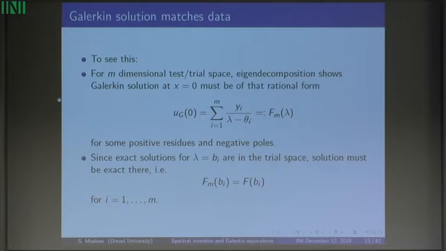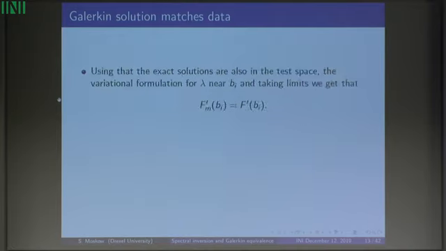Since the exact solutions are in the trial space, and the Galerkin method gives you the nearest point, it has to be exact. So the solution must be exact. So this f_m must equal f at those points. And then using that the exact solutions are also in the test space, you use the variational formulation and take a little z nearby b_i and take a limit, and you get the derivatives are also satisfied.